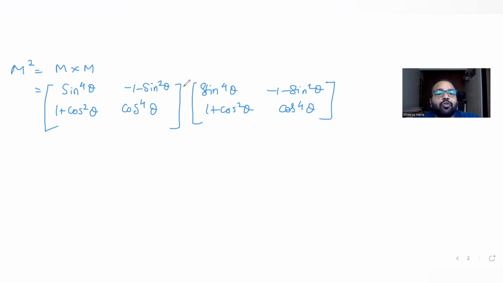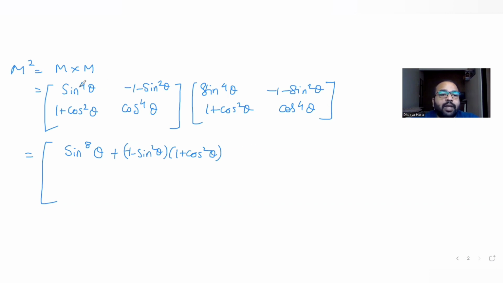I'll take the first row and first column. It becomes sine raised to 4 theta into sine raised to 4 theta, that is sine raised to 8 theta, plus minus 1 minus sine square theta into 1 plus cos square theta. This is the first element of M square.